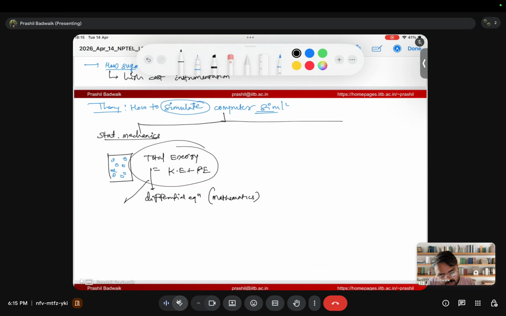Then you model what is happening, model the system.